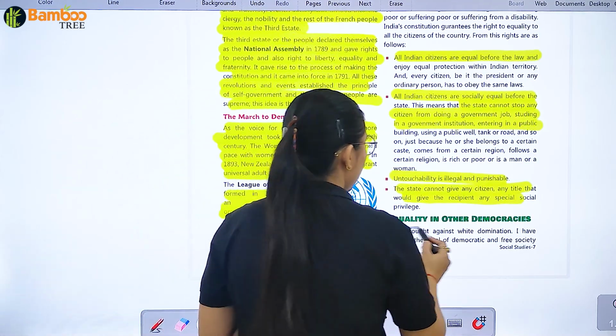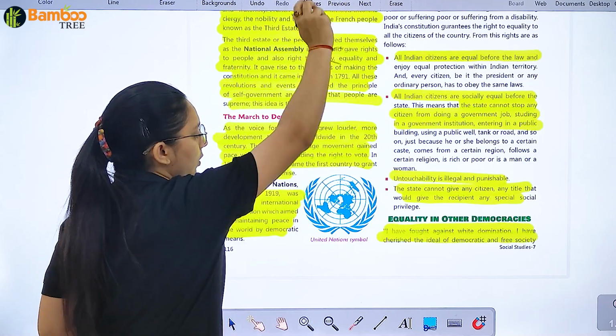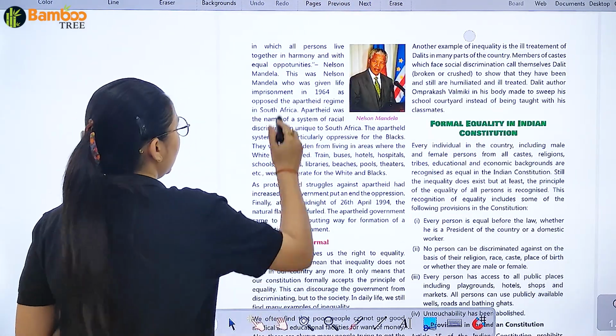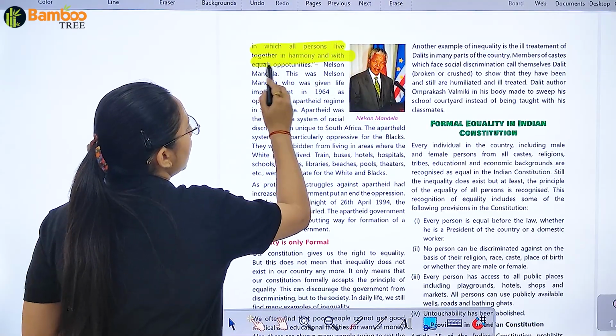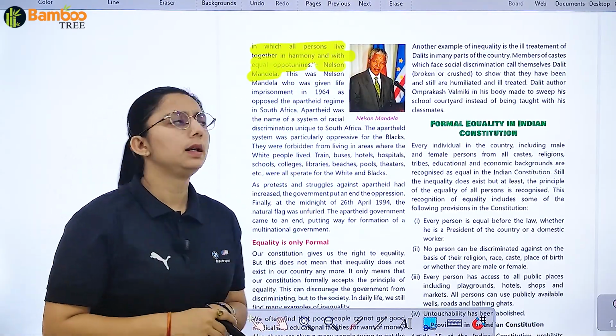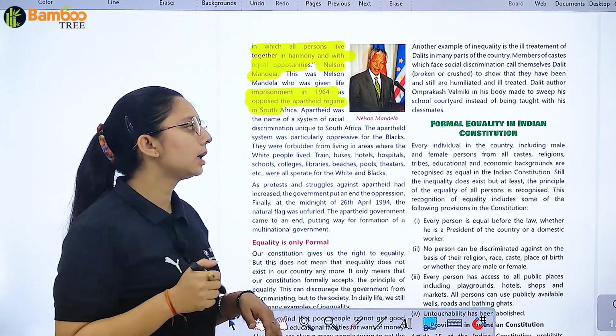Equality in other democracies. I have fought against white domination. I have challenged the ideal of democracy in which all persons live together in harmony. Who said this? Nelson Mandela, who was given life imprisonment in 1964, opposed the apartheid regime.